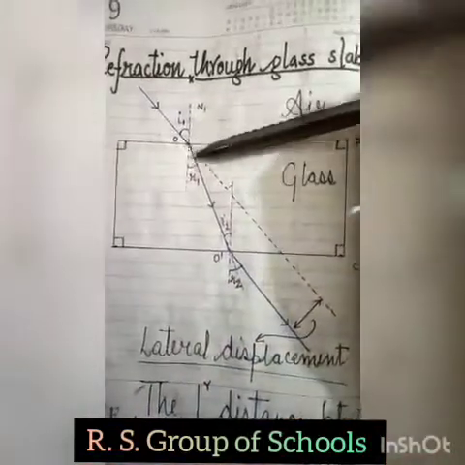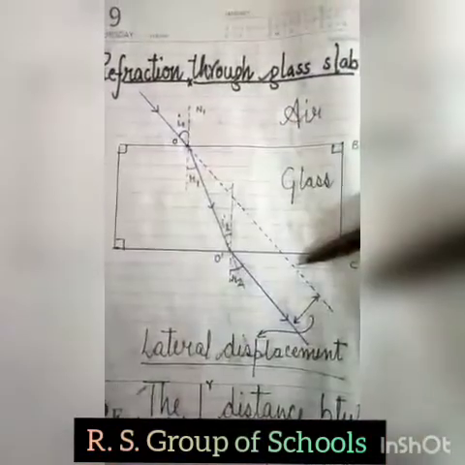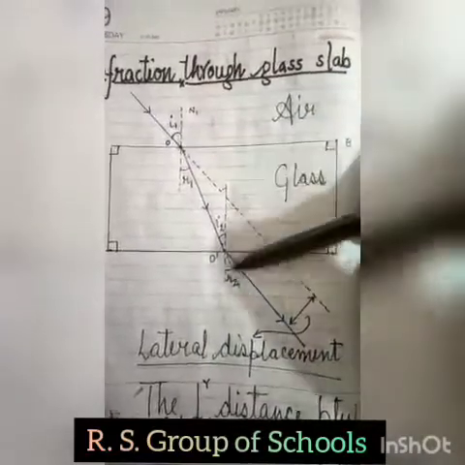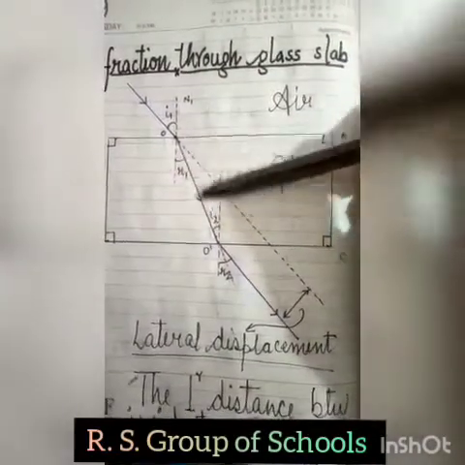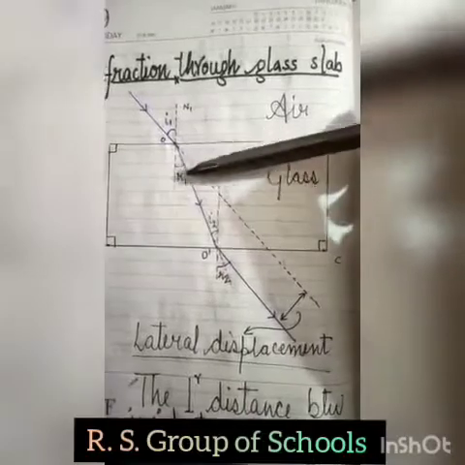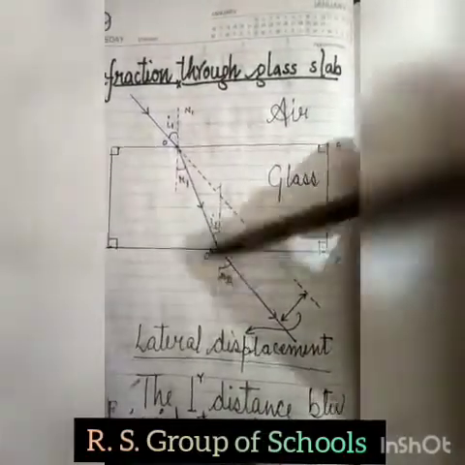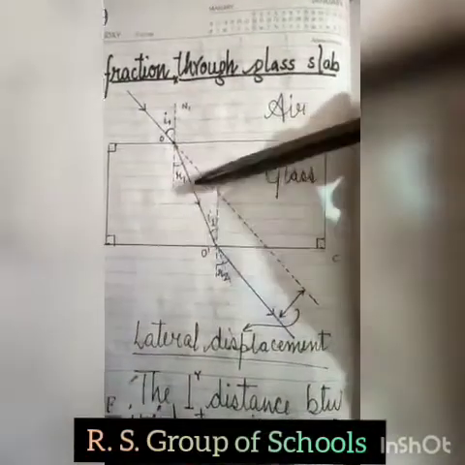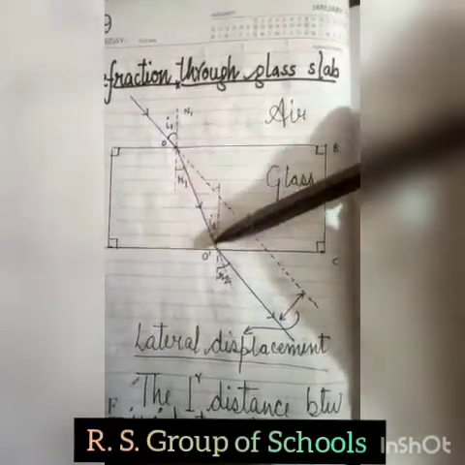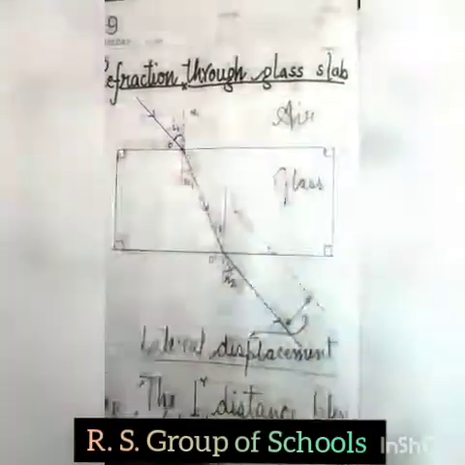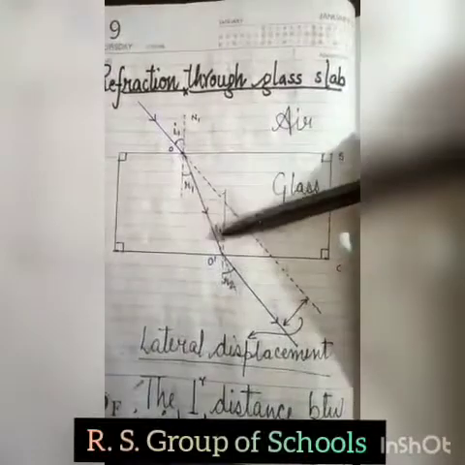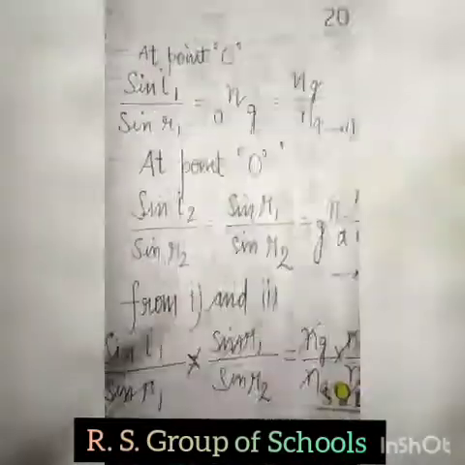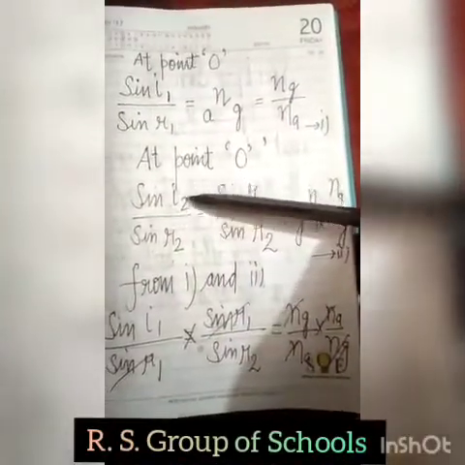I2 will be equal to R1 because it is a rectangular slab and these two are normals, and it is a simple mathematical result that if there are two parallel lines and there is a transversal, then alternate interior angles will be equal. Then R1 equals I2. So we have replaced I2 by R1.